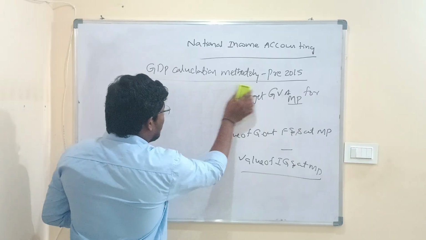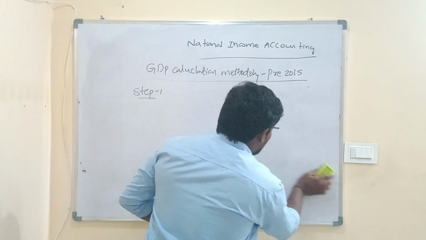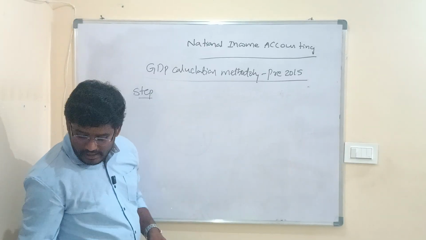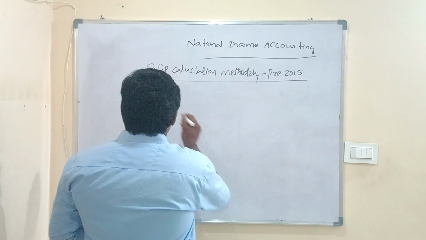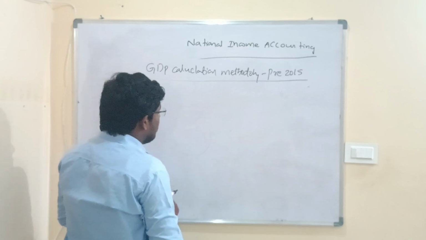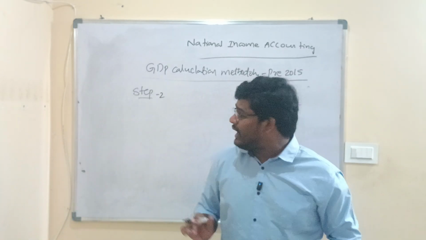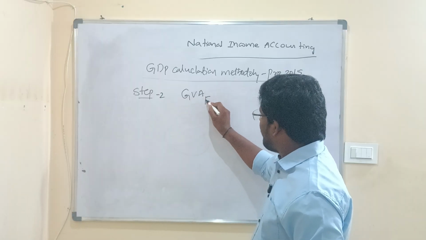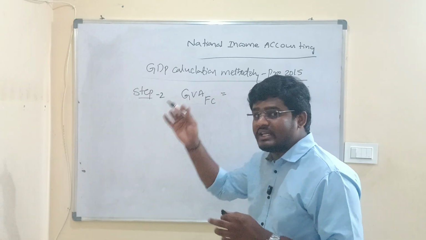Now the first step is done. Once step 1 is done, we move towards step 2. In step 2, we are going to calculate the gross value added at factor cost for the above sectors.